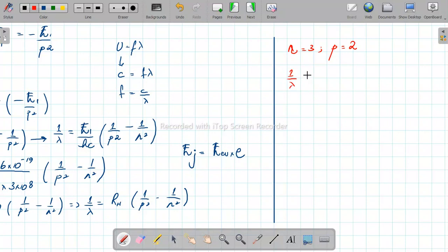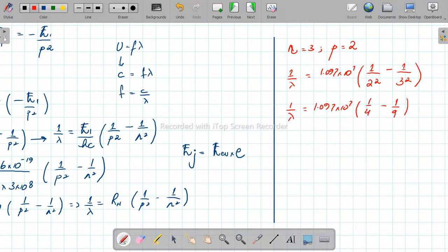This becomes 1 over lambda equals the Rydberg constant, which is 1.097 exponent 7, and there's 1 over the lower level's square, that is 2 square, minus 1 over the higher level's square, that is 3 square. This becomes 1 over lambda equals 1.097 exponent 7, 1 over 4 minus 1 over 9 here.